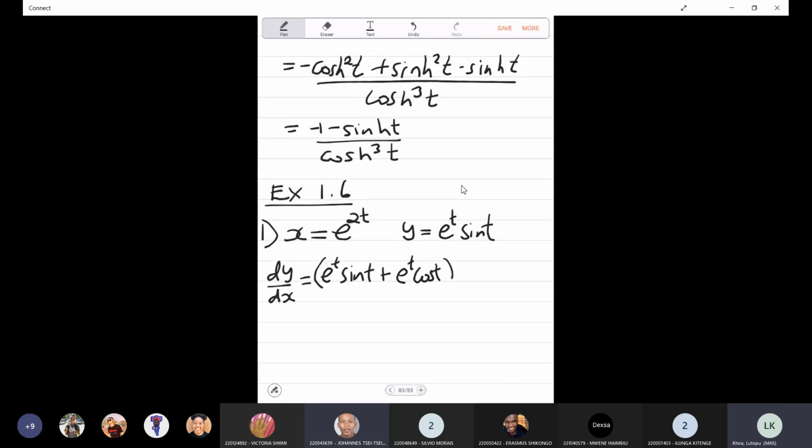And then we divide by the derivative of e to the power of 2t, so divided by, or multiply by, 1 over 2e to the power of 2t.